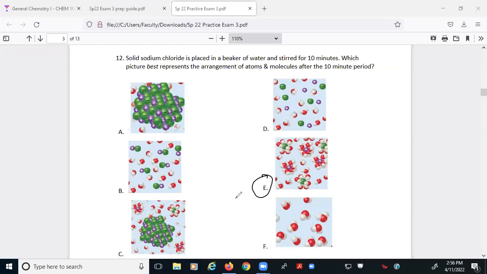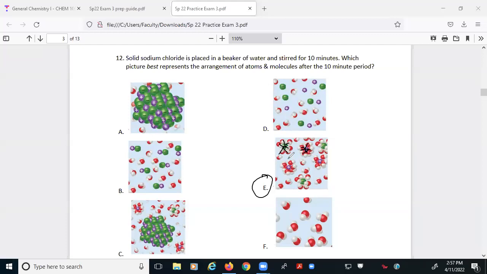So this is one of the reasons why water is able to dissolve ionic compounds and break the lattice energy of those crystals, because what we start to see is the formation of hydrogen bonds through the interactions of these water molecules and the ions as they are separating out.